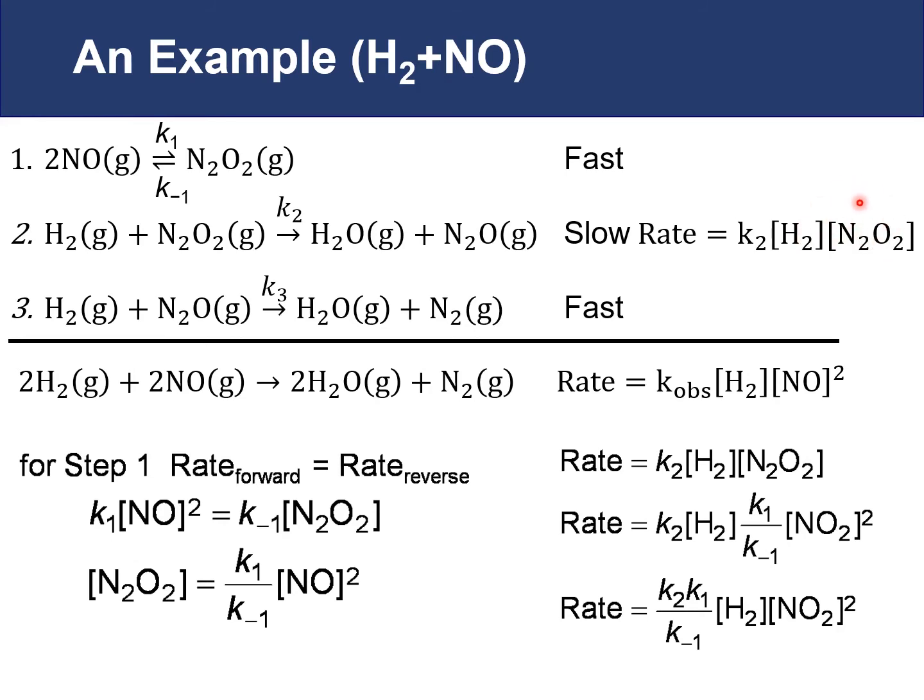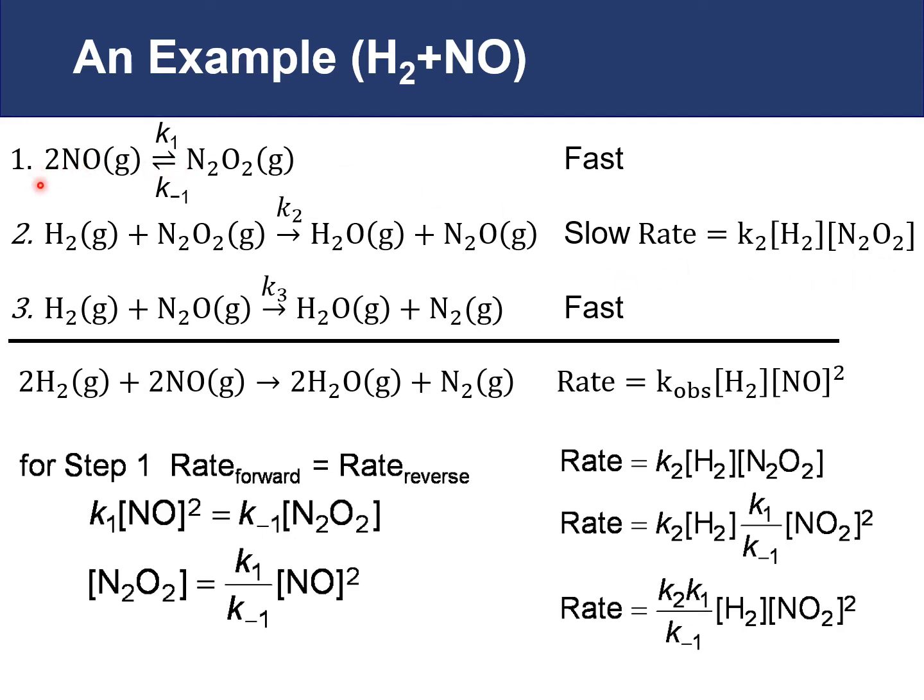Now the problem that we have with using this for our overall rate is that the N2O2 is a reactive intermediate, and we can't have reactive intermediates in our rate laws. So we need to come up with a new way of expressing this N2O2 in terms of reactants.